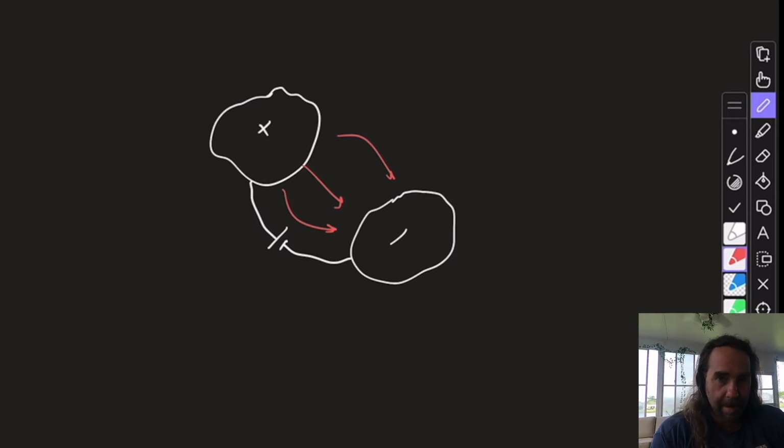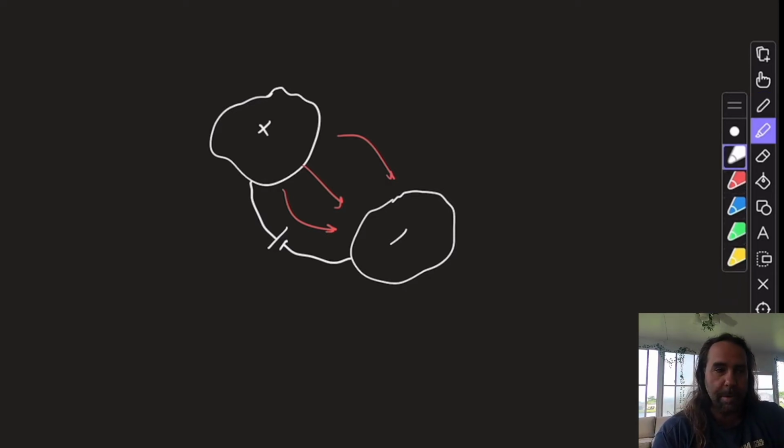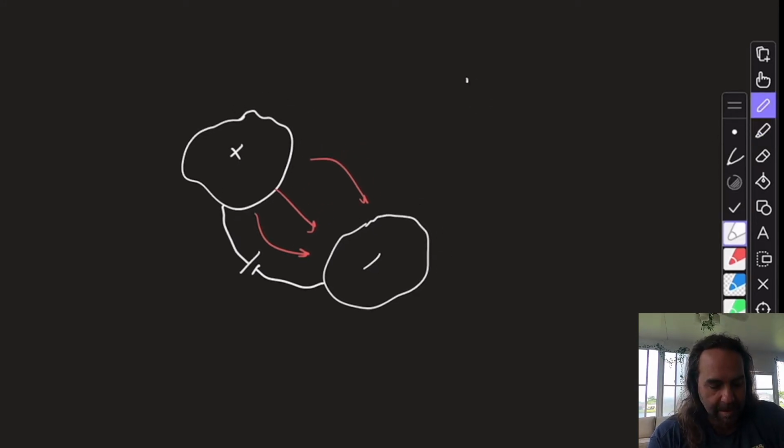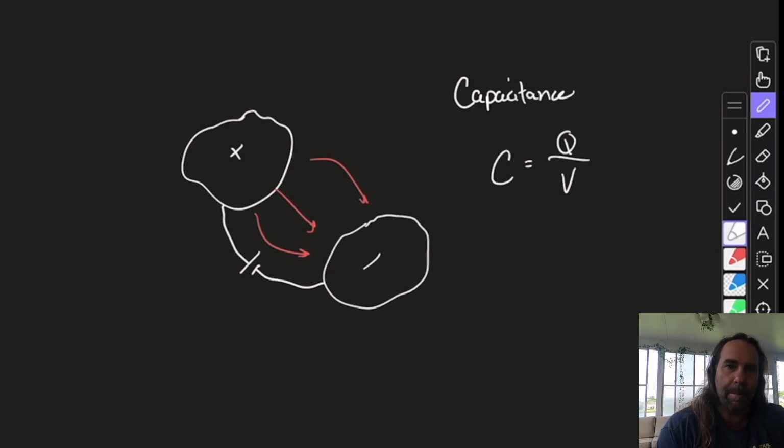Now, a capacitor like this is random. Like I said, any two isolated pieces of metal could be a capacitor if you want them to. There's no way to predict the size of this capacitance, but you could measure it. I'll remind you, capacitance is defined as the amount of charge you separate per an applied potential difference. So when I apply a potential difference, I probably should put the little potential difference symbol there.